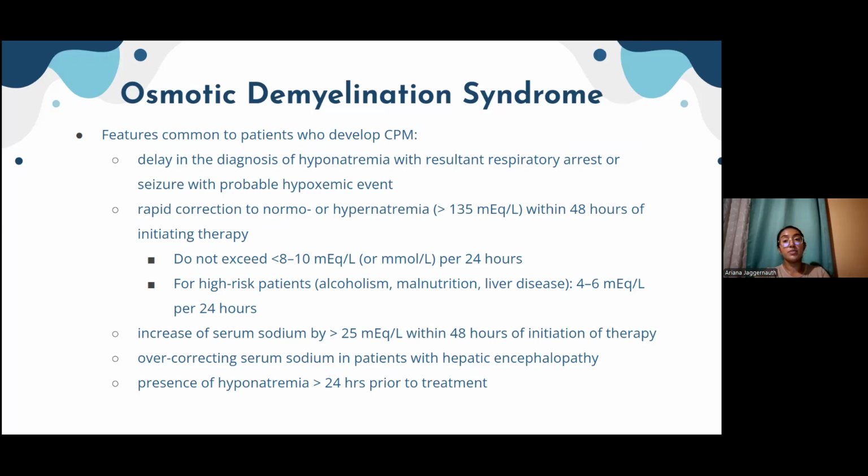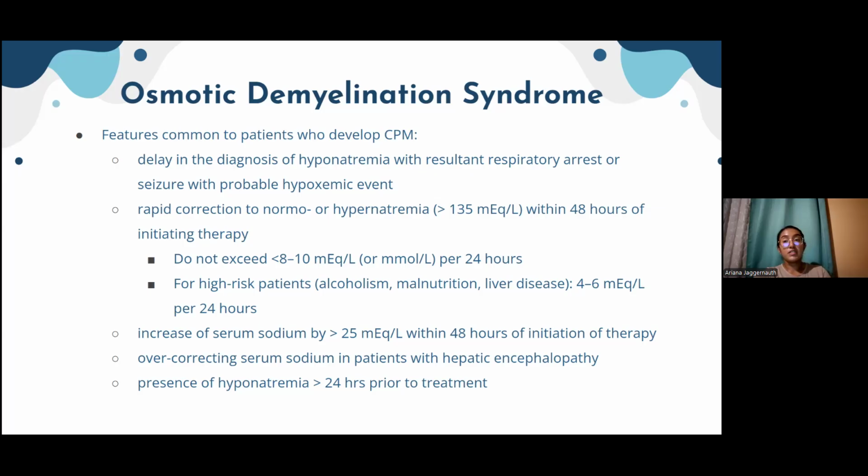So like I said before, it's important that when correcting hyponatremia in these patients we do not exceed 8 to 10 milliequivalents per liter in 24 hours. And for high-risk patients, so patients who are alcoholics or malnourished, or even patients with liver disease, we correct at a slower rate of 4 to 6 milliequivalents per liter in 24 hours.